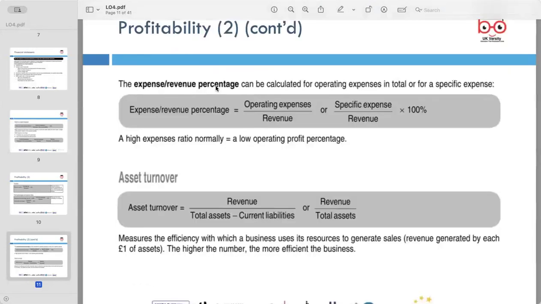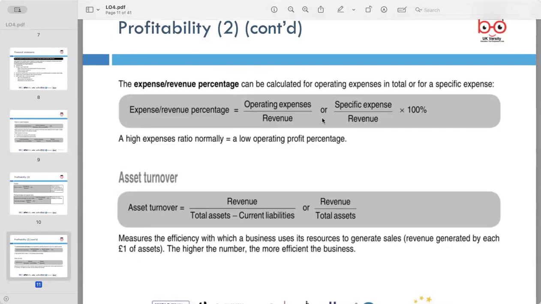Expense to revenue percentage can be calculated for total operating expenses or for specific expenses. It is an important indicator of a company's cost management efficiency.